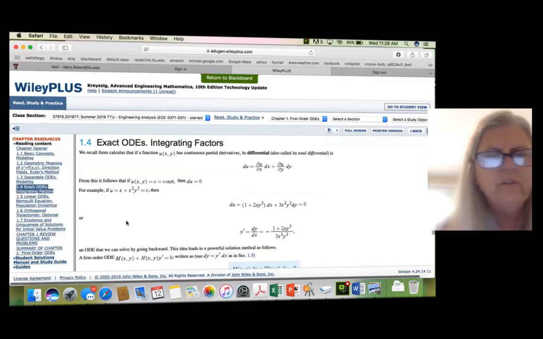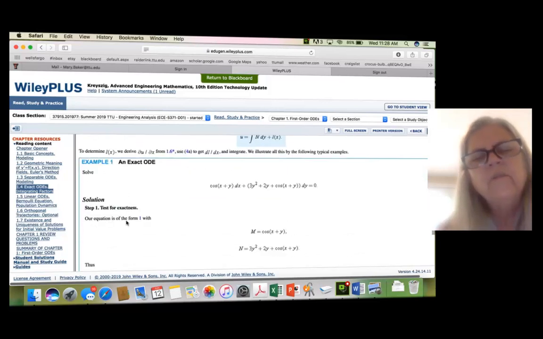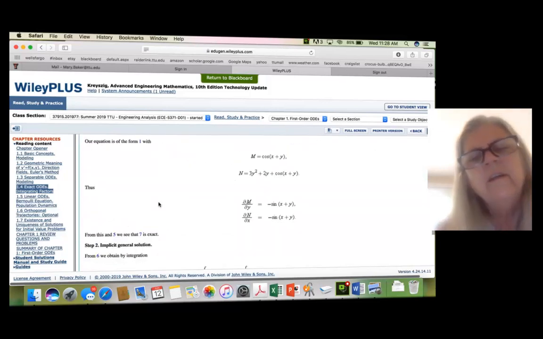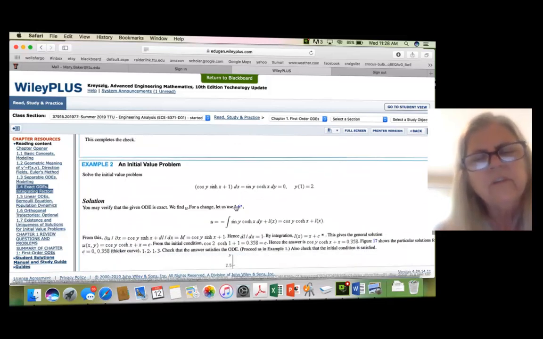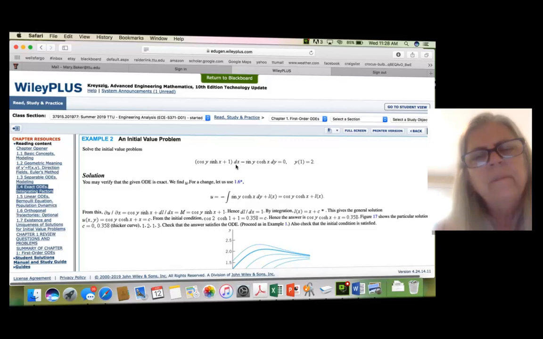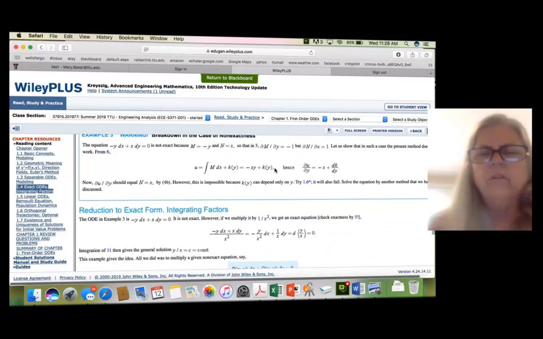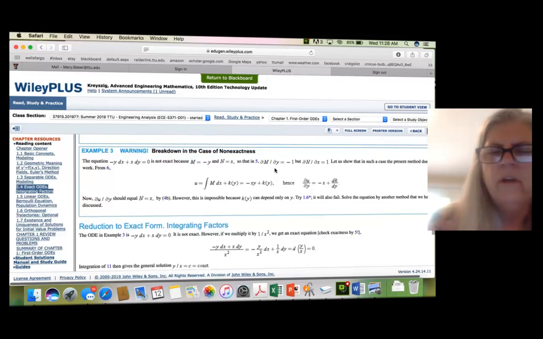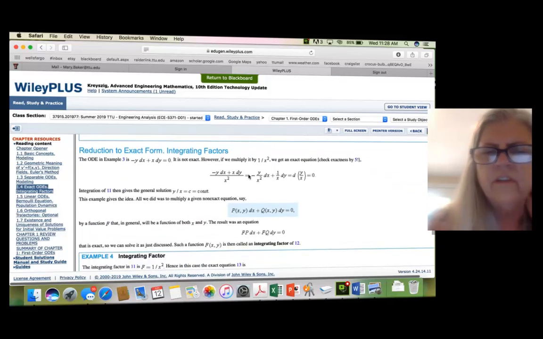Then if we go to exact differential equations, this test for exactness, that's important to know how to do. Finding an implicit solution, solving an initial value problem, also important on the first exam. In the case of non-exactness, there is a discussion of finding an integrating factor.